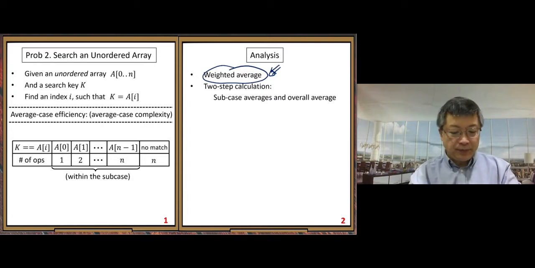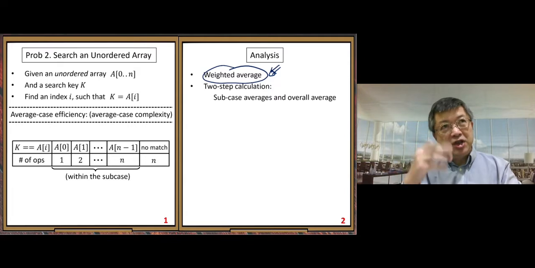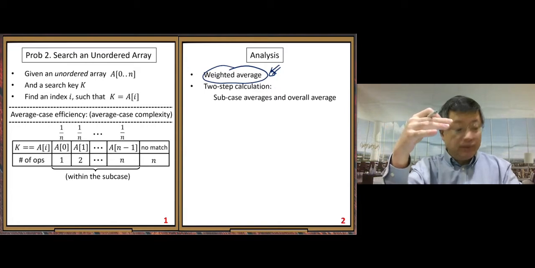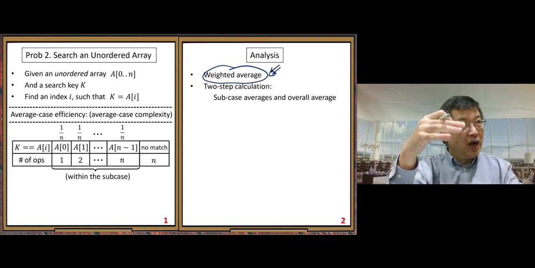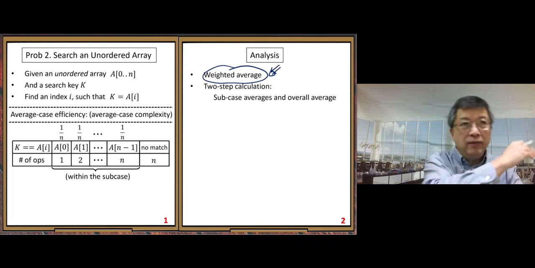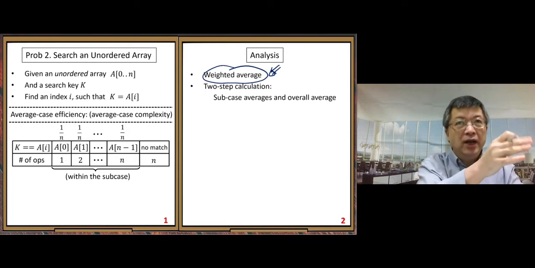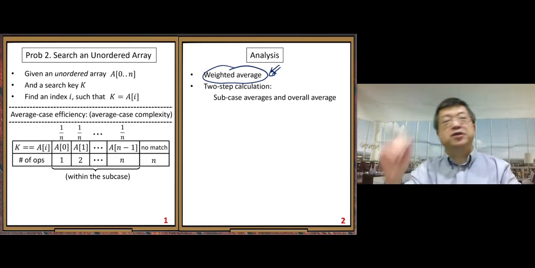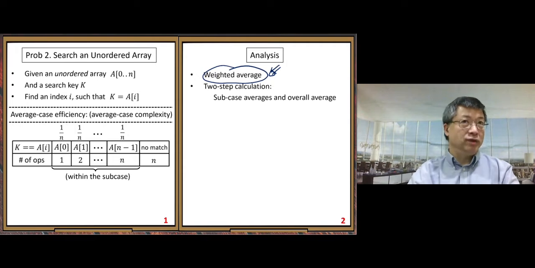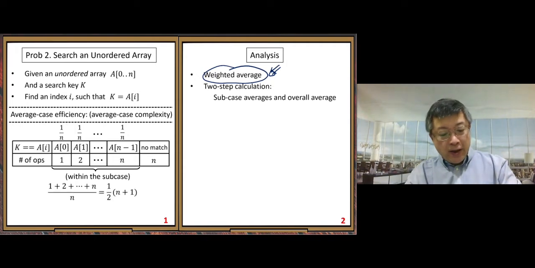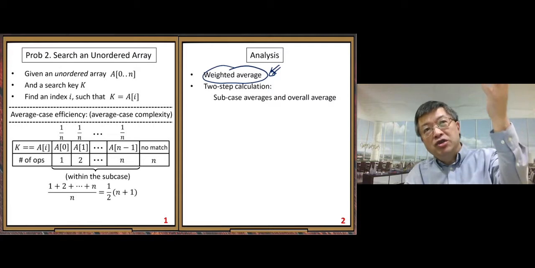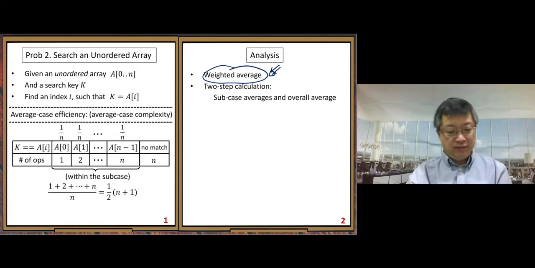In this one, because based on our first assumption, each one has the same probability, we can assign 1 over n probability to each subcase. Reasonable, so it's fair. Now what is the average number of comparisons?